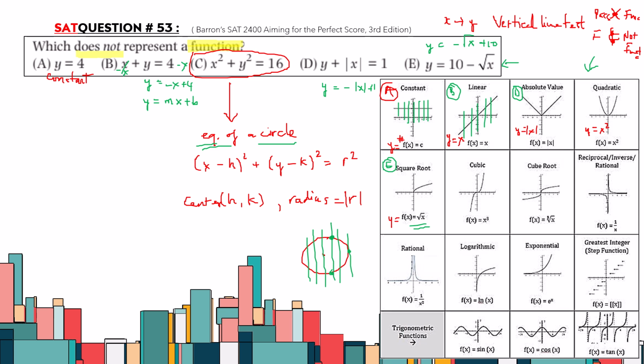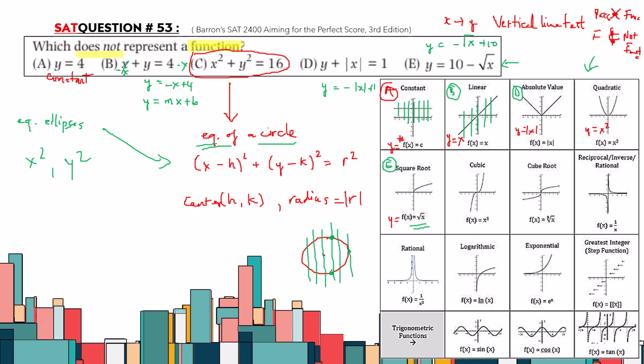We're also looking at equations of ellipses. They're similar to this. If you have x squared with y squared, mostly it's not a function.